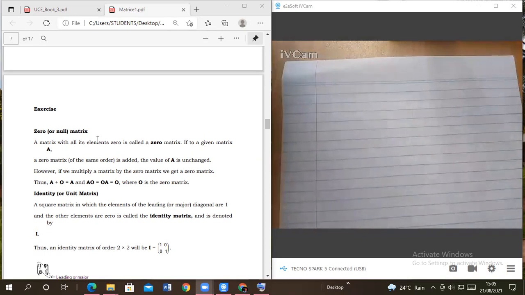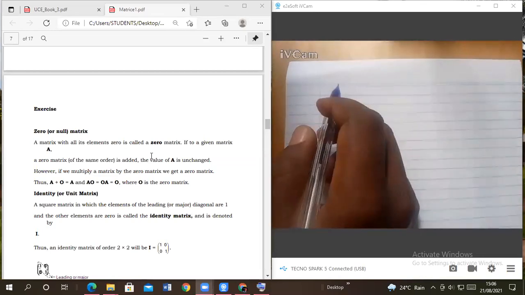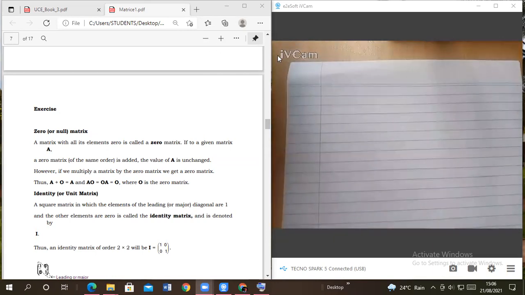Hey, you have forgotten what we discussed last time. I said last time that a square matrix is that matrix whose number of rows is equal to the number of columns. If you have the number of rows equal to the number of columns in a matrix, then that matrix is called a square matrix.